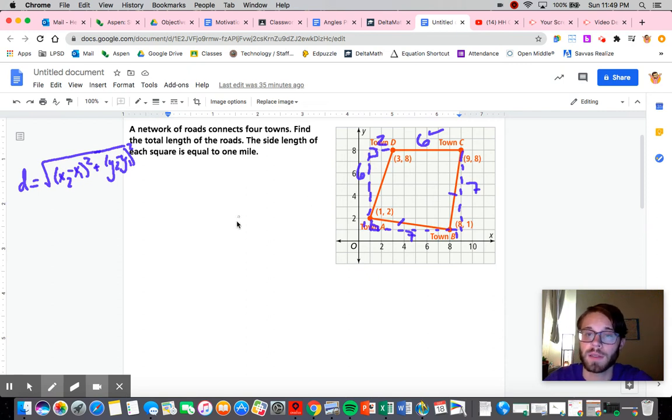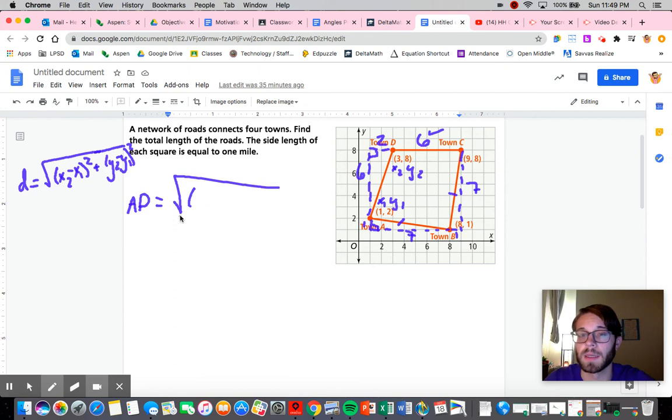All right, so let's just go the distance from A to D. This is the one that we don't know anything about yet. This one's on its own. So we're going from, I'll just call this x2, y2, x1, y1. Now it doesn't matter which one I go with first because it's squared, and that'll deal with any of the negatives anyway.